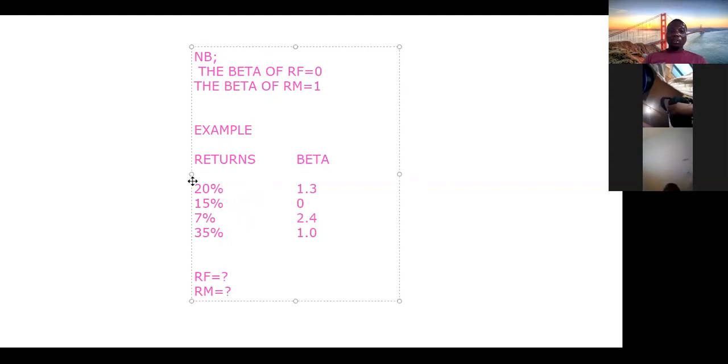Now, you have been given an illustration where you have a return and then a beta. You have a return and then a beta. You have a return and then a beta. Now my question is, based on this one that I just wrote, what is the RF and what is the RM? Simple question.